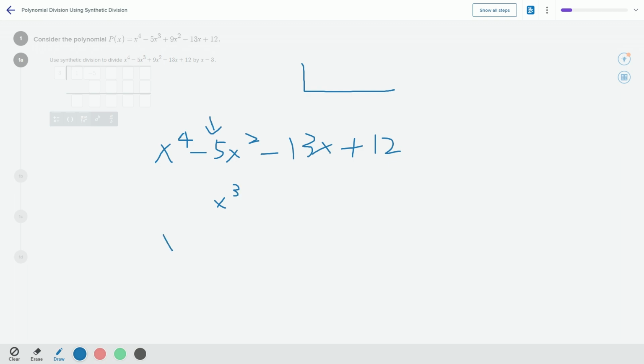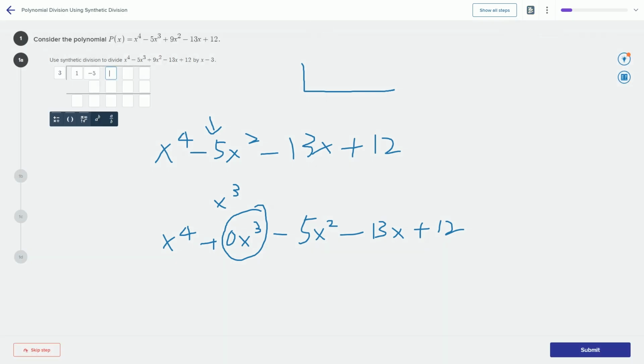So what you do is you change the equation into x to the power 4, plus 0x to the power 3, minus 5x squared minus 13x plus 12. What you did right here is you added the missing degree to fill it in. The only thing changed is that you added a plus 0x to the power of 3 to the equation, and that is to fill in the missing degree.